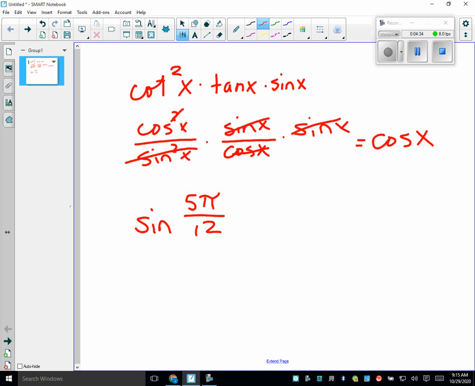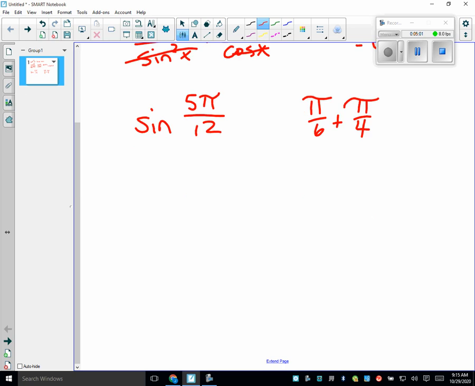This says, use addition or subtraction formula to find the exact value. I even say I'm going to tell you to use this.